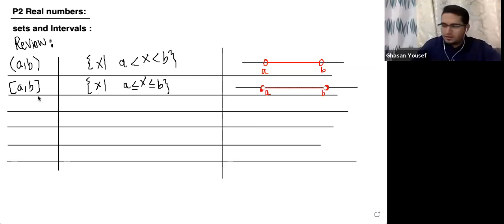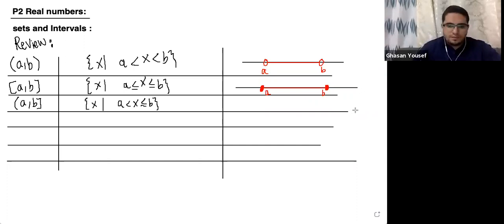The third one is half closed, half open. It looks like this: at A it is open and at B it is closed. So all values such that x is between A, not equal, and B, equal, because B is in the interval.